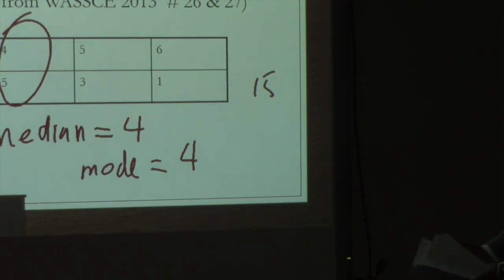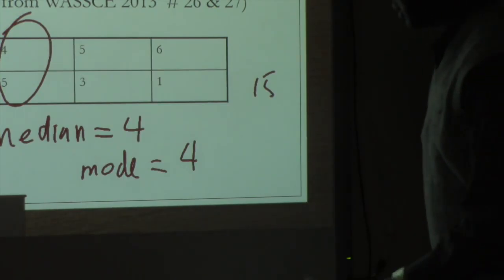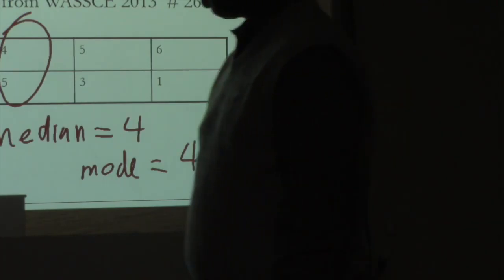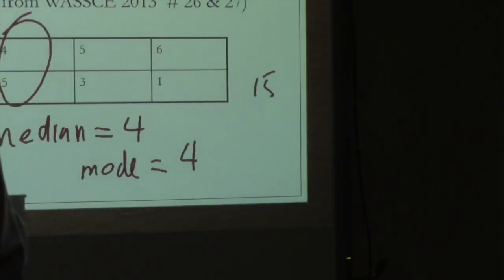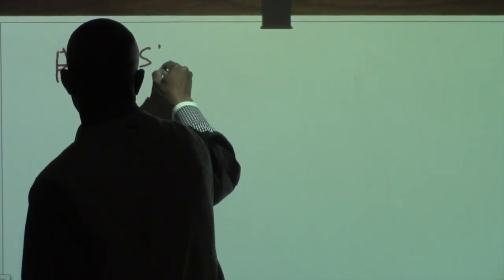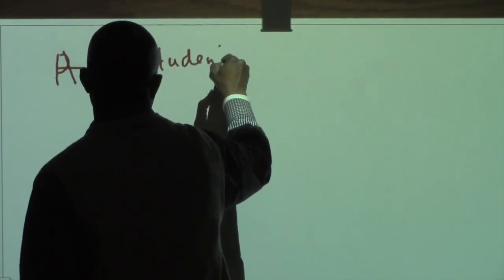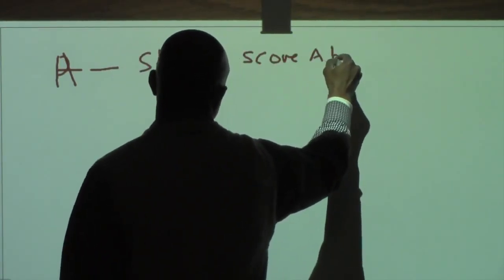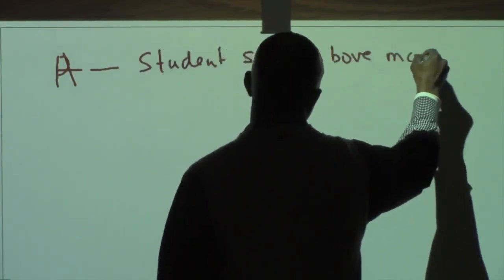So they said, if two students are selected at random without replacement, what's the probability that they scored above the mode? So we're going to go to the next step. Let A represent a student who scored above the mode.